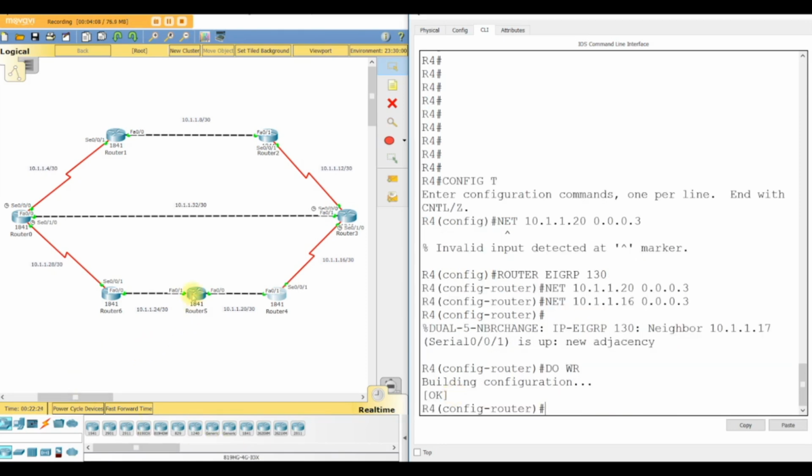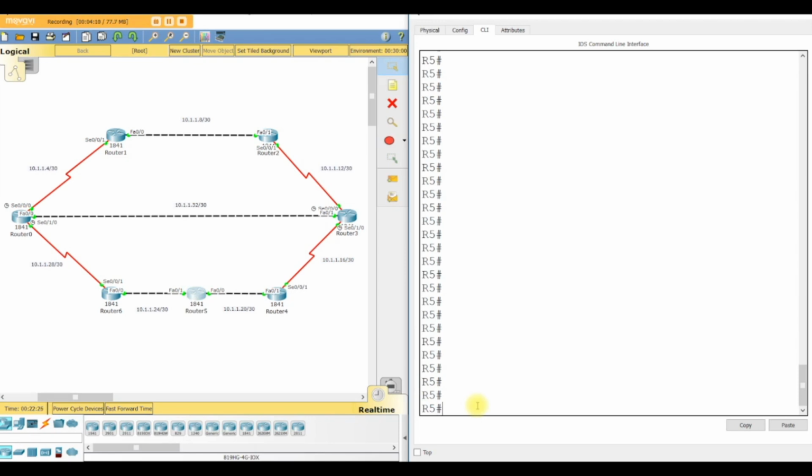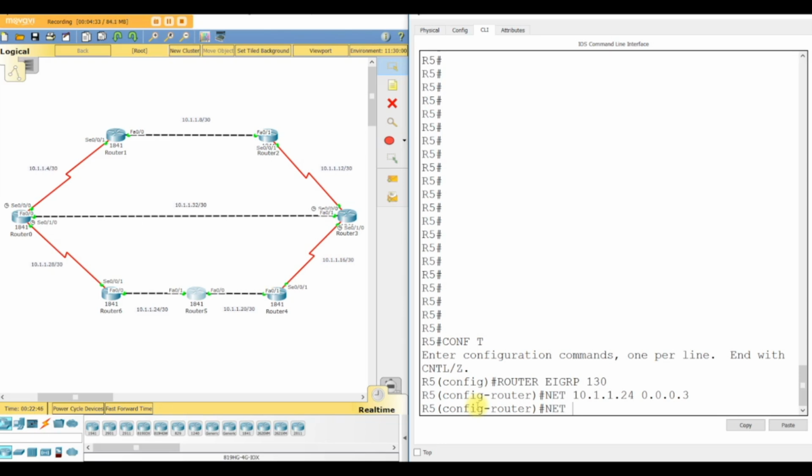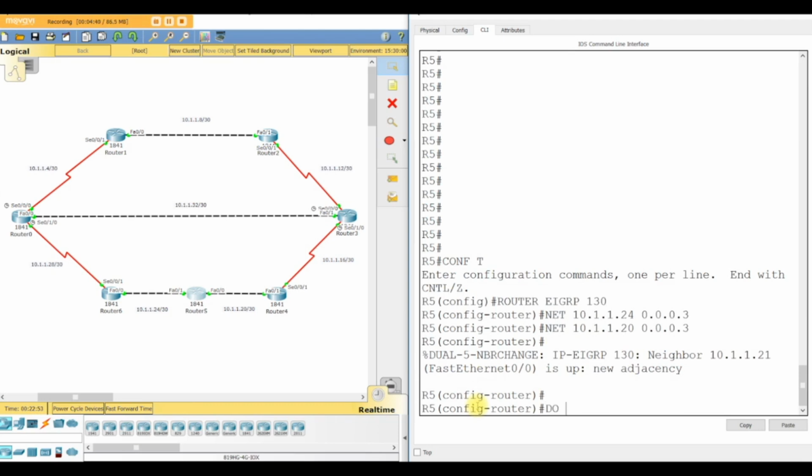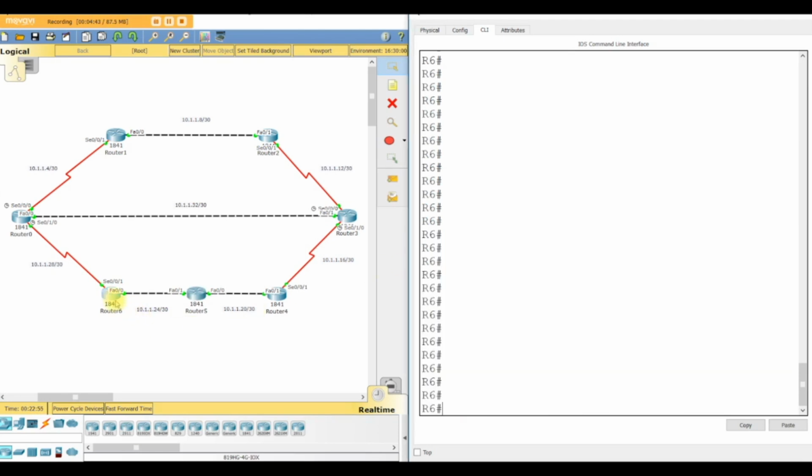Let's go to router 5. We've got conf t, router EIGRP 130, net 10.1.1.24 0.0.0.3, net 10.1.1.20 0.0.0.3. All right, do WR.